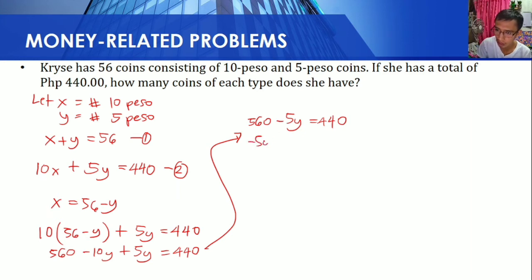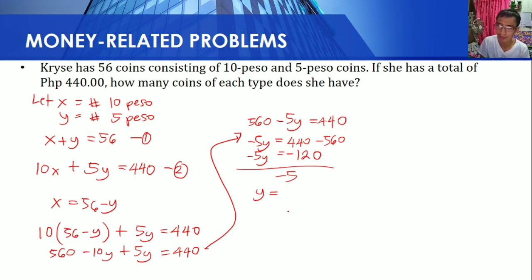So negative 5y is equal to 440 minus 560, that will be negative 120. So negative 5y, divide natin both sides ng negative 5 para makuha natin yung value ng y. So y will be negative 120 over negative 5, that will be 24.